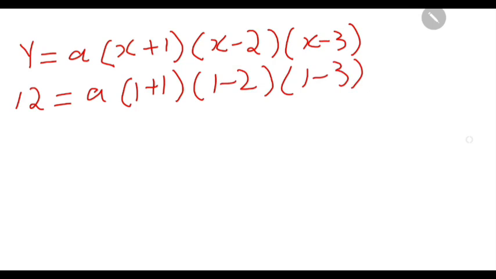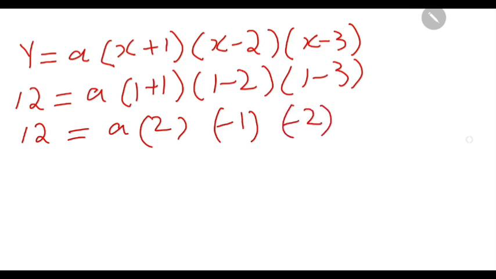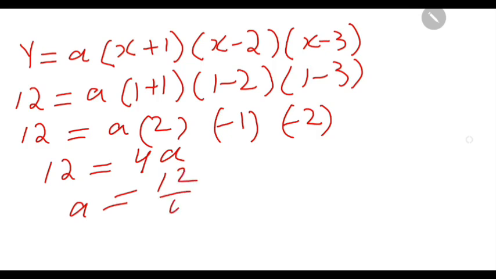So I use my calculator. 12 is equal to a multiply 2 multiply -1 multiply -2. So the answer is gonna be 12 is equal to positive 4a. Therefore a is gonna be equal to 12 divided by 4, which is 3.